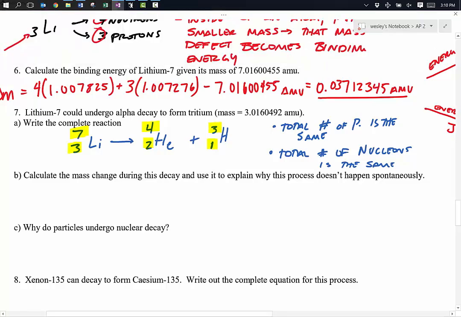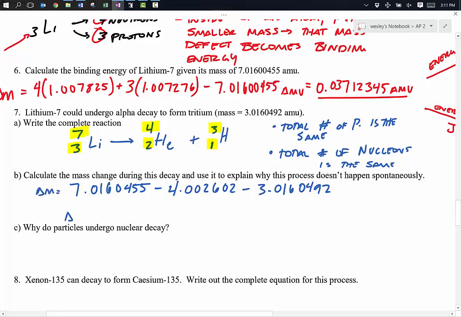Calculate the mass change and explain why this process doesn't happen spontaneously. So, in this case, my mass change is going to be the reactants, so mass of lithium, 7.0160455, minus the mass of an alpha particle, 4.002602 AMU, minus the mass of tritium, 3.0160492.